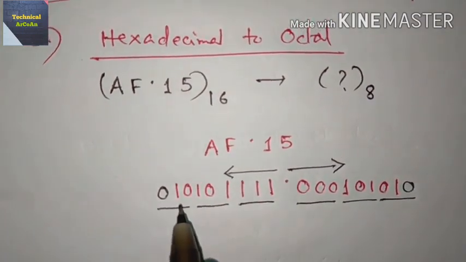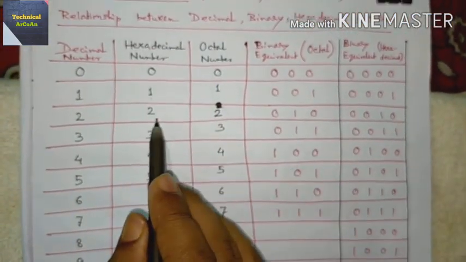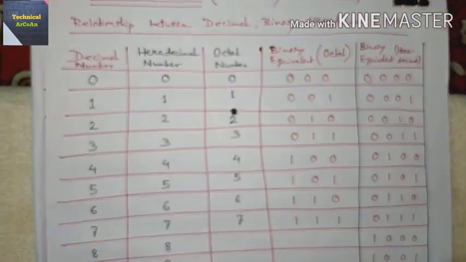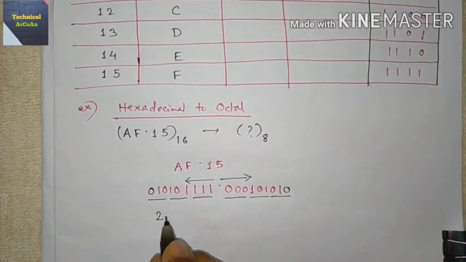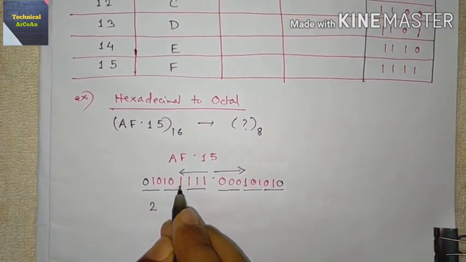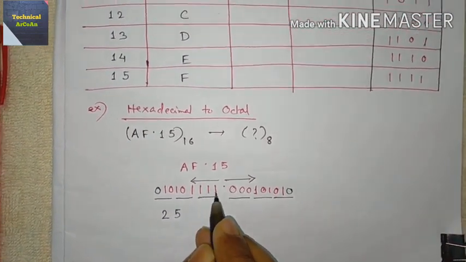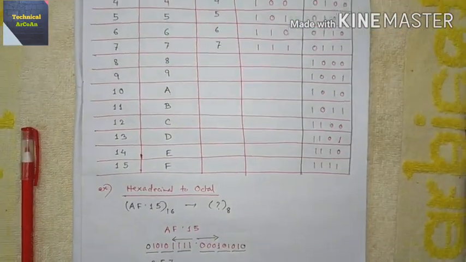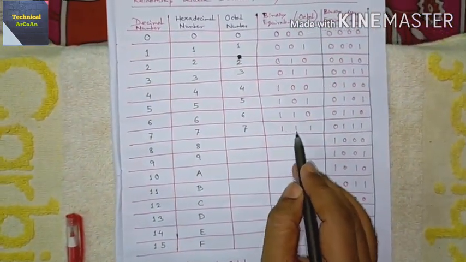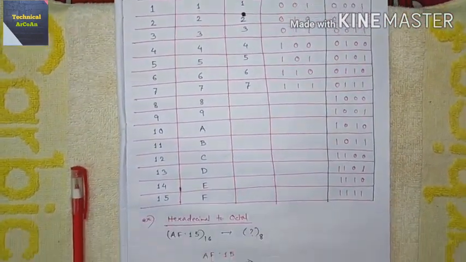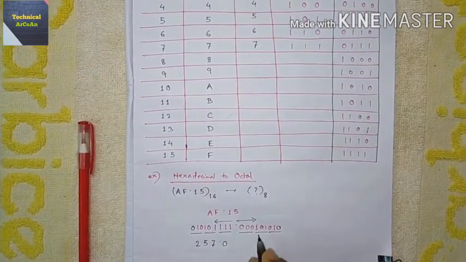So 010, what will be that? 010, the value in octal will be 2. So we write here 2. And after that 101 will be 5, and 111 will be 7. Then we put the point, and 000 we already know is 0.